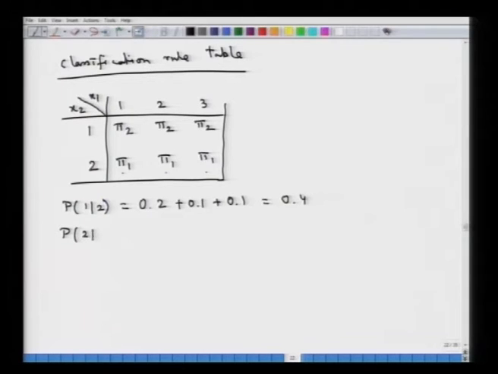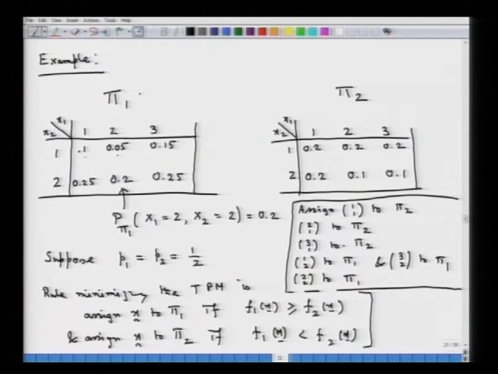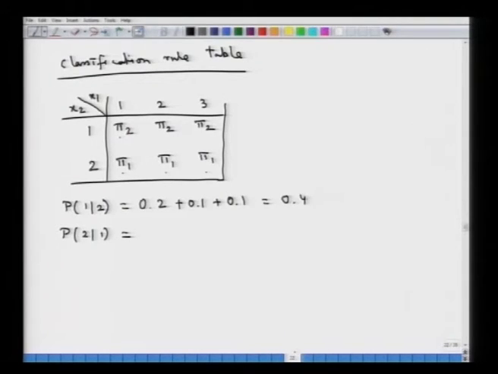Similarly, we can look at P21, which is the probability that an observation really coming from pi 1 is put into the second population. So, we are going to look at this. We have classified 1 1 into 2, but what is the probability that it is coming from the first population? We have to look at these three values, because an observation from the first population is misclassified into 2 only if it is under these three pairs, that is either 1 1, 2 1 or 3 1.